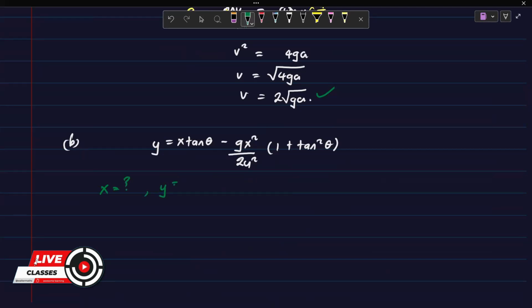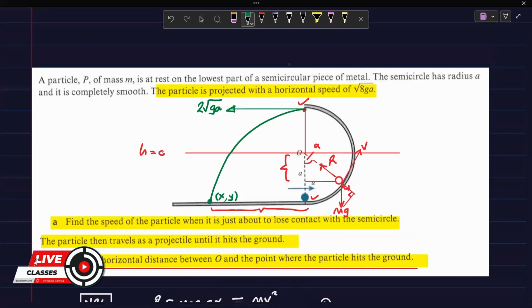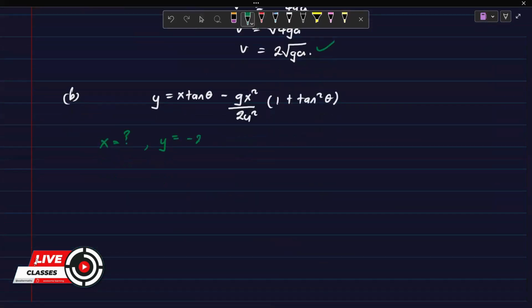Do we know what y is? We do know what y is. Y is the vertical distance vertically downwards. So this whole distance is y, okay? And it's below the top point. So the radius here is a, below it's a. So it's minus 2a basically, where our reference point is that top point. So y is minus 2a.